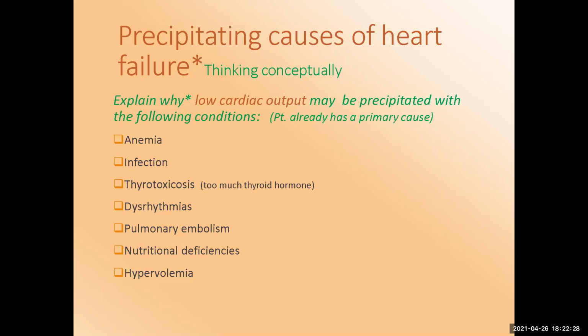So oxygen demand goes up. What about thyroid toxicosis? What do you think happens in the heart? Kind of along the same lines, right? Too much thyroid hormone is probably going to increase the heart rate and the workload on the heart.